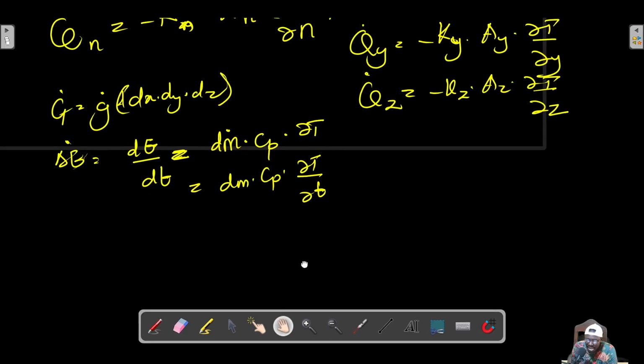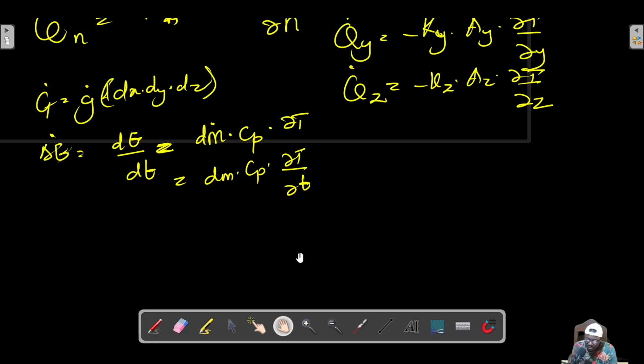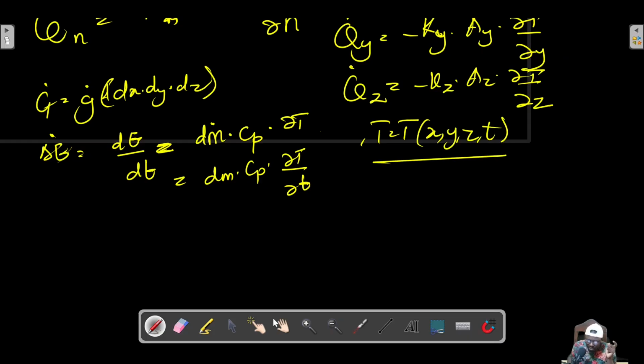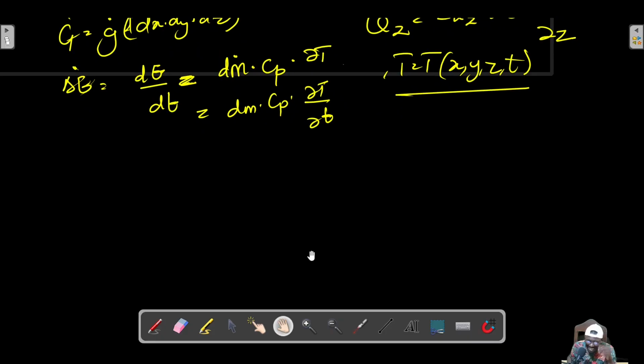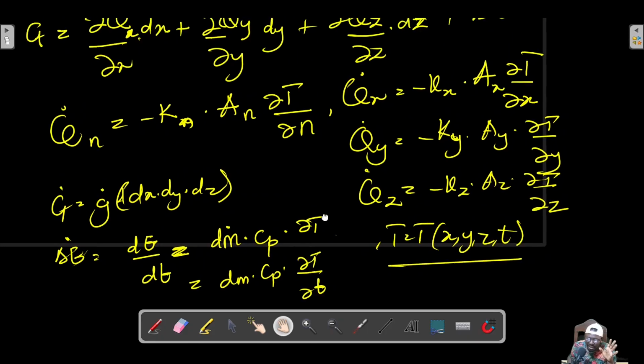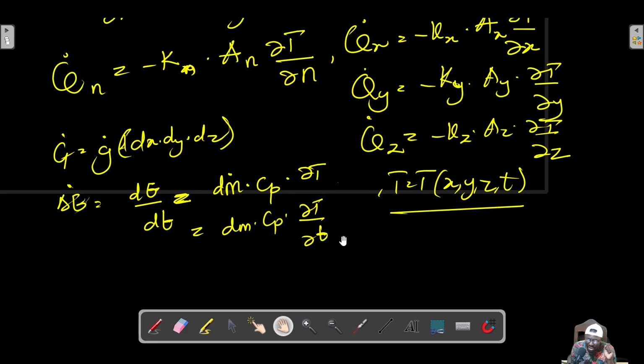Mind you, in this scenario we've not done any assumption, so my temperature depends on both spatial coordinates and time. Then we can substitute all these into the equation.